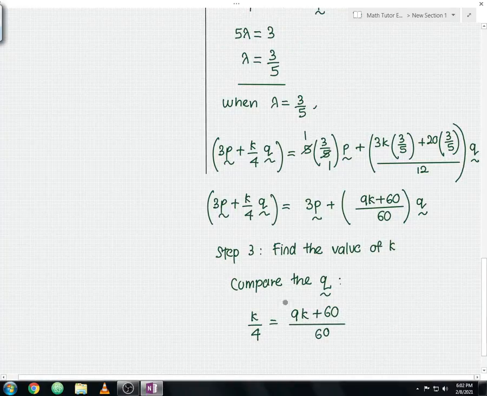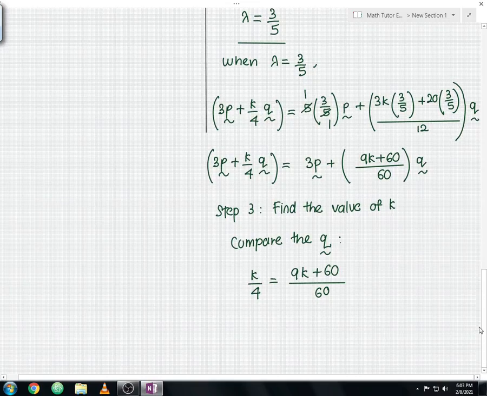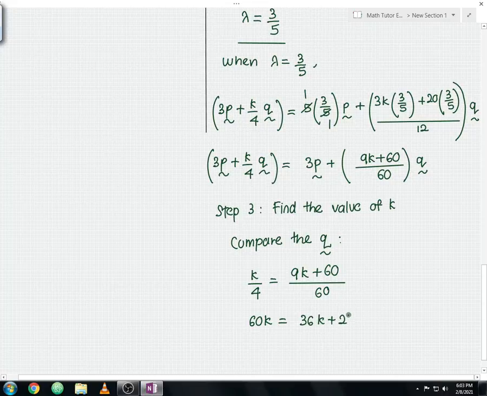Okay, for the next step, you cross multiply. So from here you get 60k is equal to 36k plus 240. So this 36k, you move it to the left hand side.